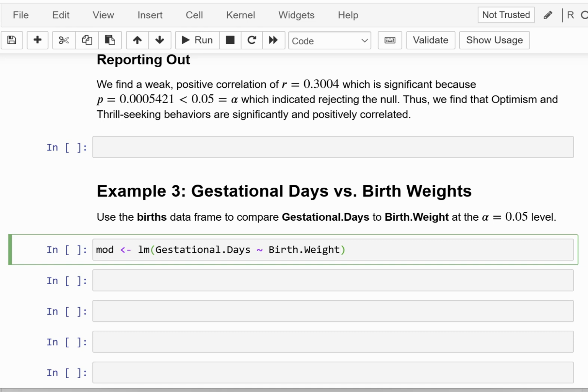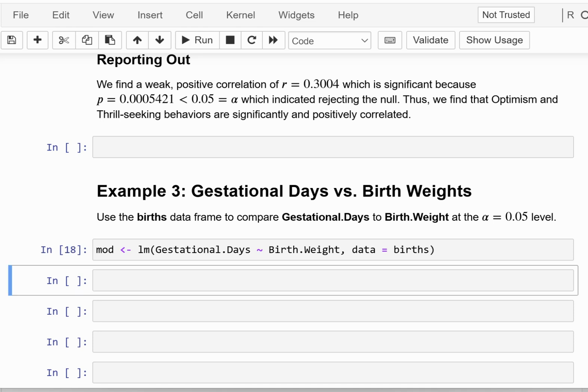We know that babies in gestation for longer periods of time are way bigger, because at 8 months of gestation the baby is much bigger than at 2 months. So there is a growth that happens, and we would think that more days would lead to a higher birth weight. And is this data births or baby? I think it's births. Let's see if that works. It does not throw any errors at us.